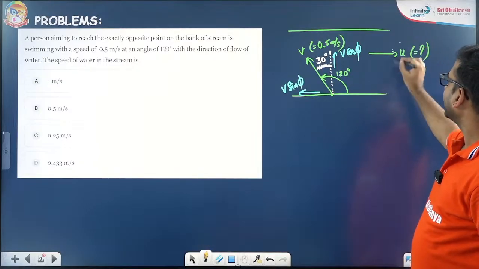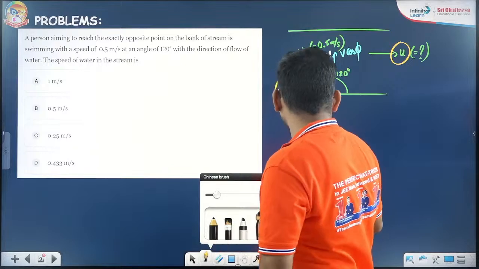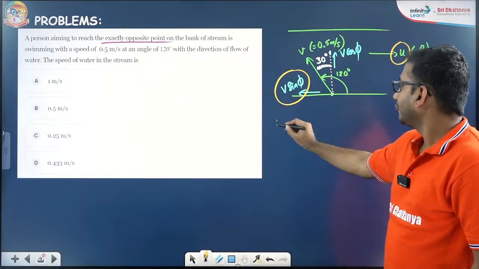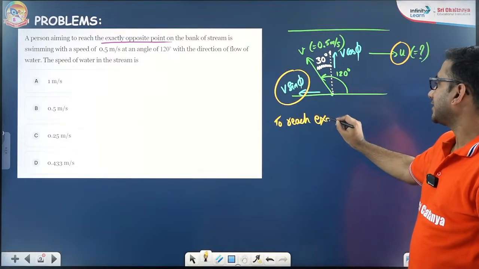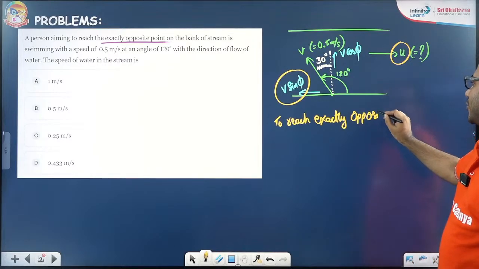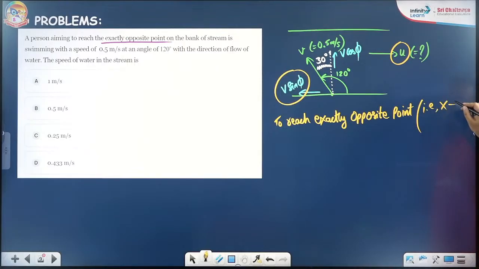In order to reach the exactly opposite point, you will say that x is minimum.